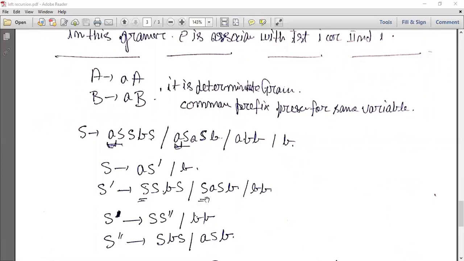Again, we use the formula and convert it. So S dash tends to SS double dash or BB, and S double dash tends to SBS or ASB, right?